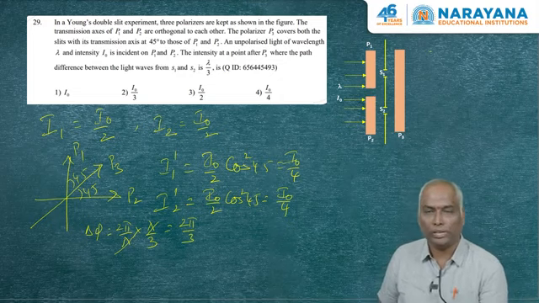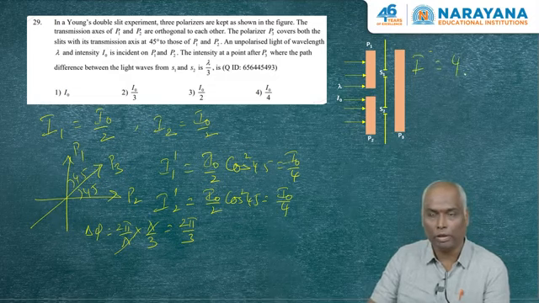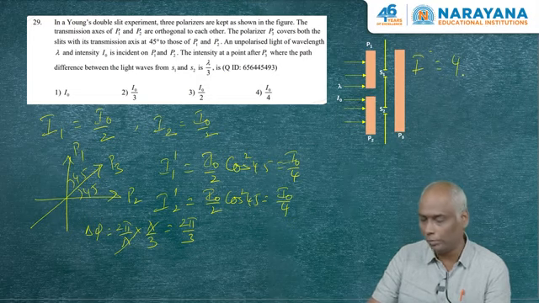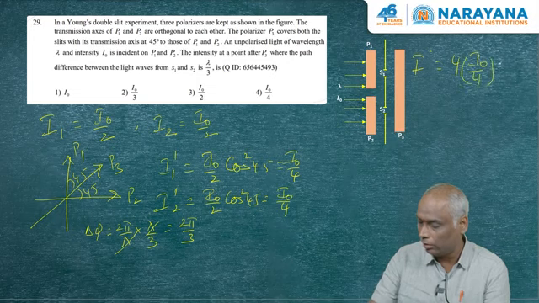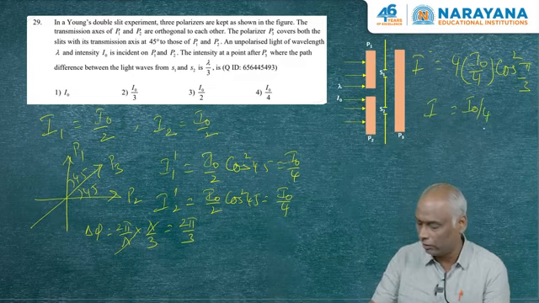The resultant intensity is I equals 4 times the intensity of light coming out from P3, since the light from P1 and P2 are equal, that is I0 divided by 4, into cos square of delta phi divided by 2, which is pi by 3. Cos pi by 3 is 1 by 2. So the 4 and 4 get cancelled, and the resultant intensity becomes I naught divided by 4. So it's going to be option 4.